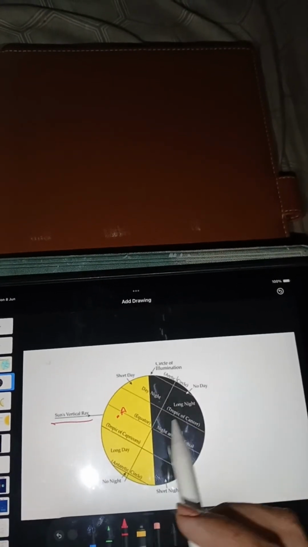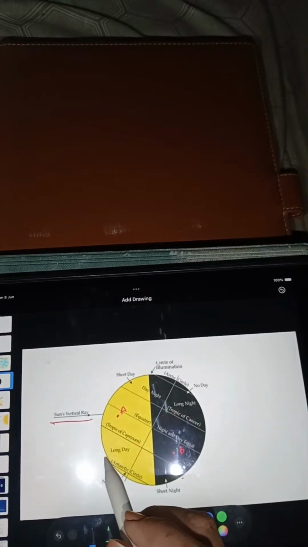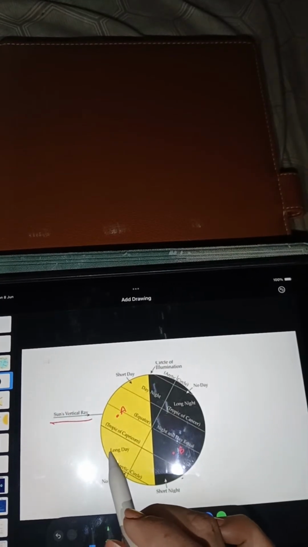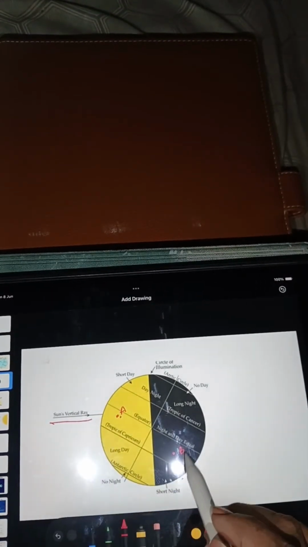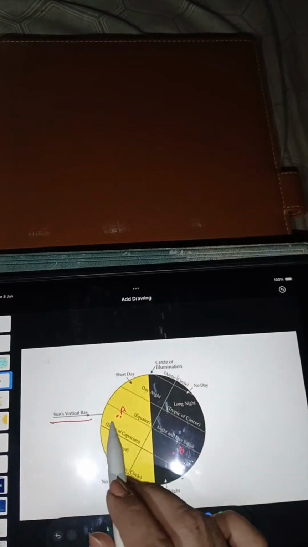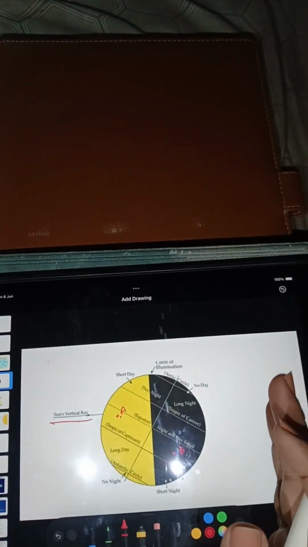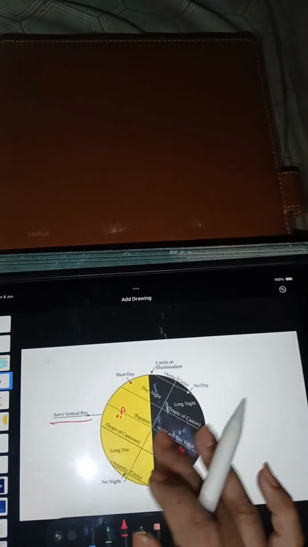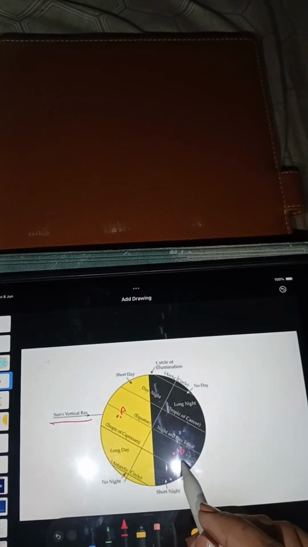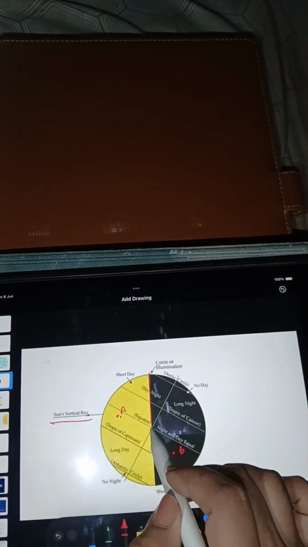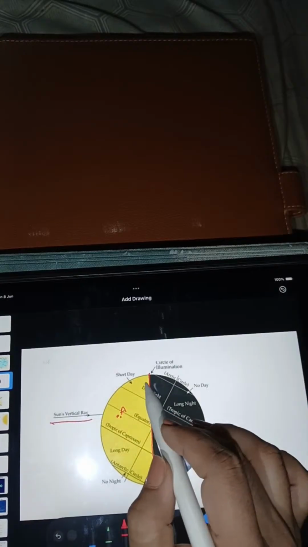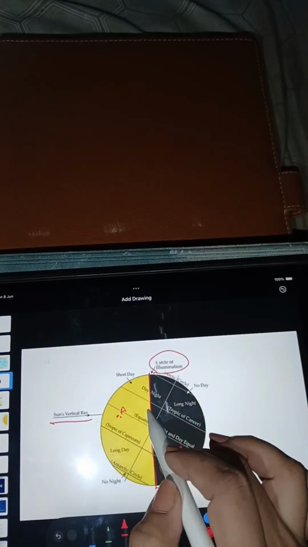In this position, A is having day, and B is in the darker area, not receiving sunlight because the other side of the sphere will not receive sunlight, so B is experiencing night. These two are divided by this line. This is called the circle of illumination or the shadow circle.